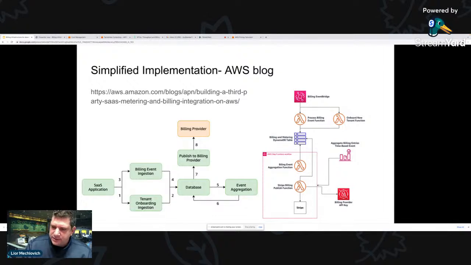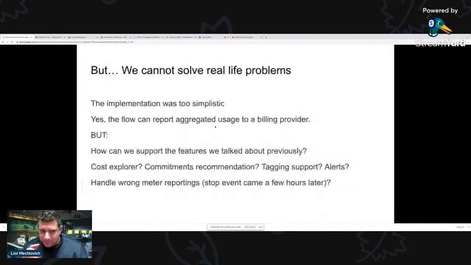There is an aggregation that runs all the time, every 5 minutes, and once a day it pushes to Stripe. Again, it sounds like this is going to work, but this really can't solve real-life problems.